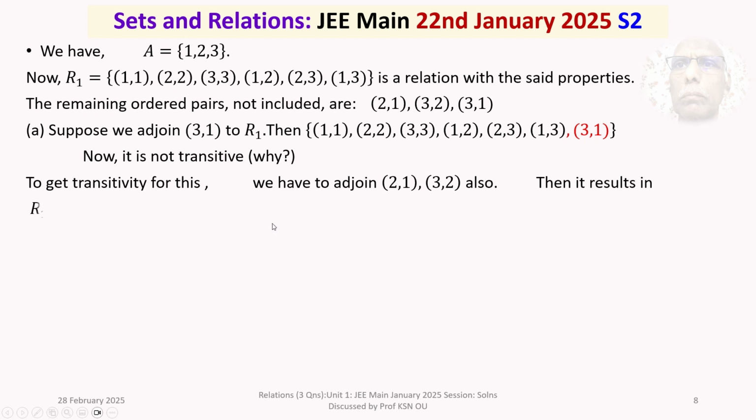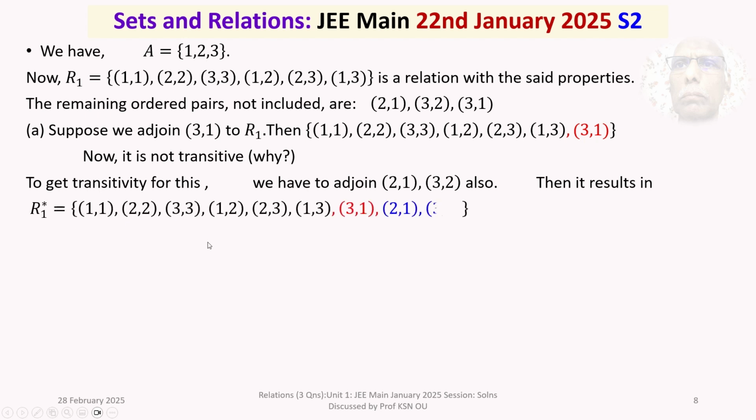Then it results in R1 star is (1,1), (2,2), (3,3), (1,2), (2,3), (1,3), (3,1), (2,1), (3,2). What is this? This is precisely A cross A, the whole of all ordered pairs have come, and that is always an equivalence relation, that is reflexive, symmetric and transitive.